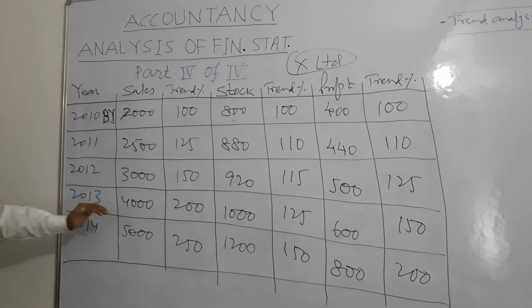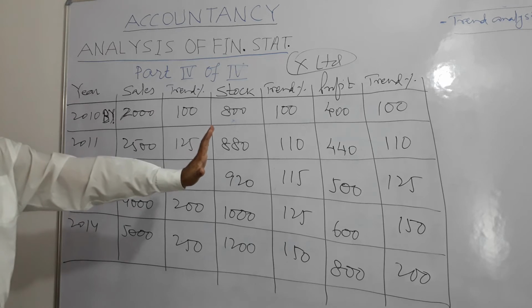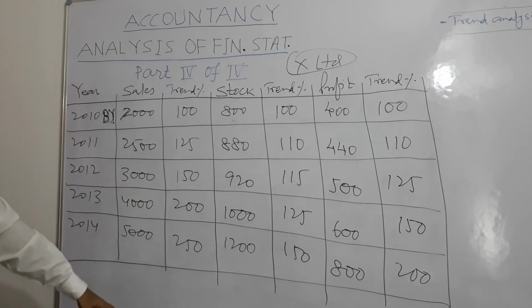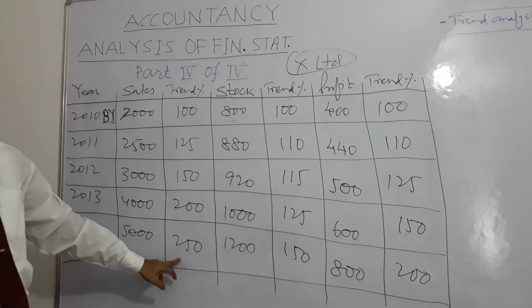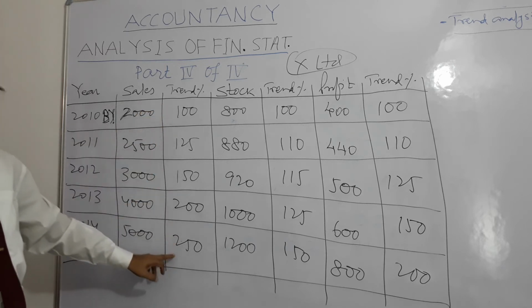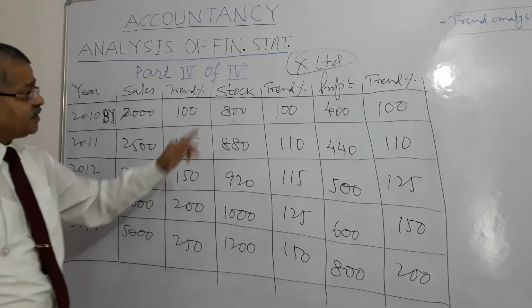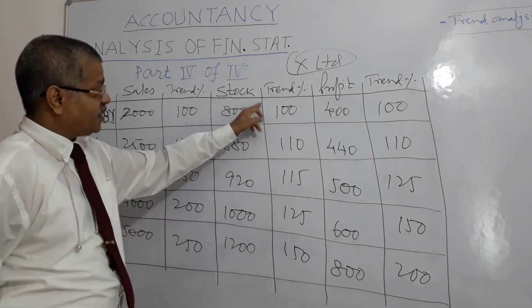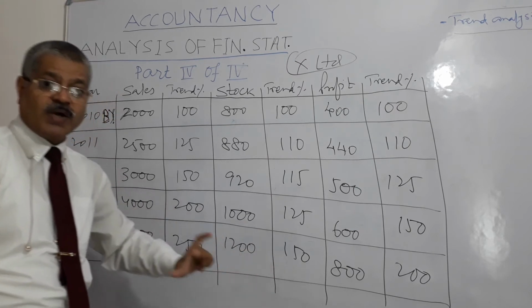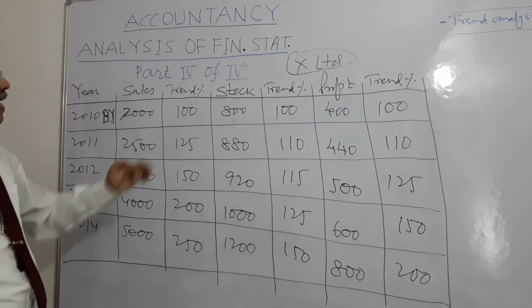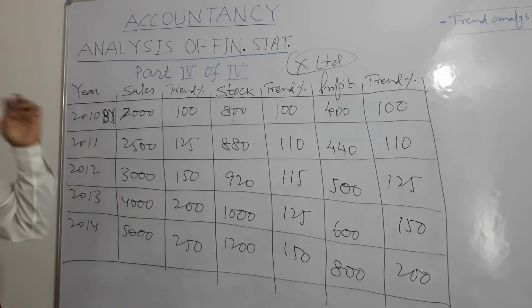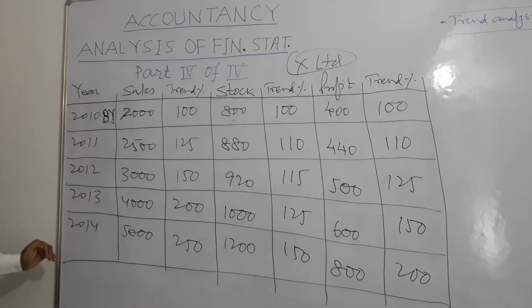So same way you need to analyze. Everything has increased, but the increase in sales has been phenomenal. From 100 it has become 250. Increase in stocks is from 100 to 150. The lowest increasing trend has been observed in respect of stock over this period of time, 2010 to 2014.